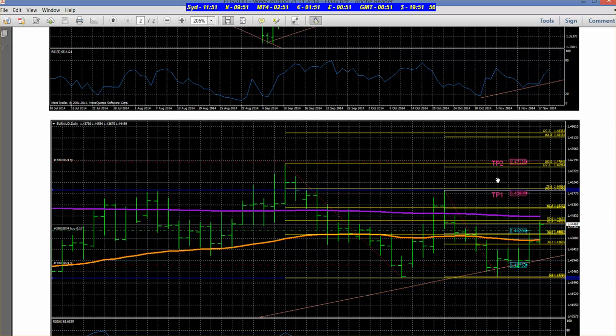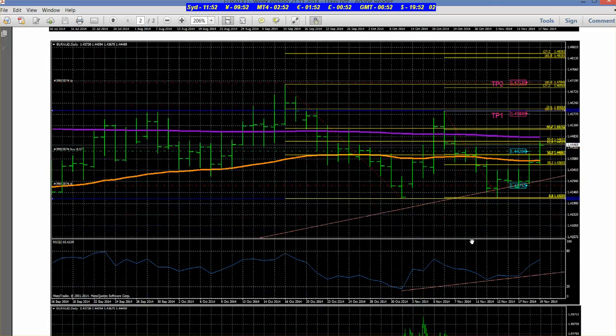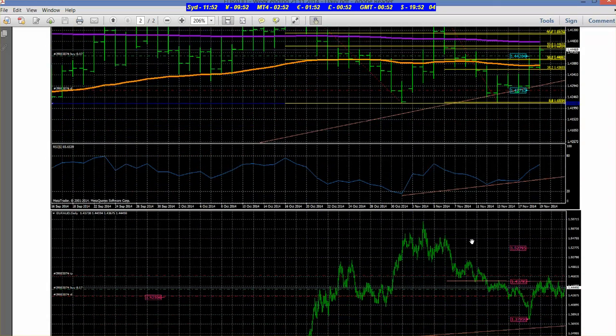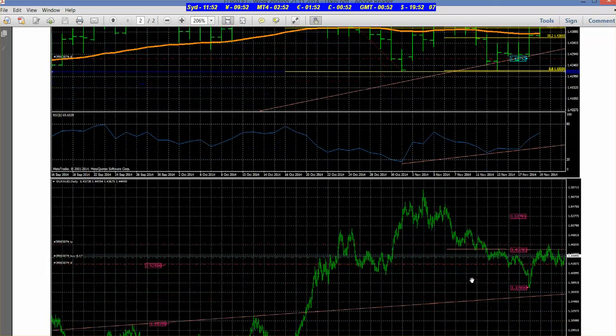Take profit 1, take profit 2. And scaling out is creating 2 orders. If you've got 2 targets, create 2 orders in MetaTrader, equally divided in the risk.